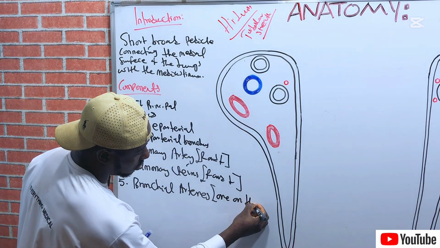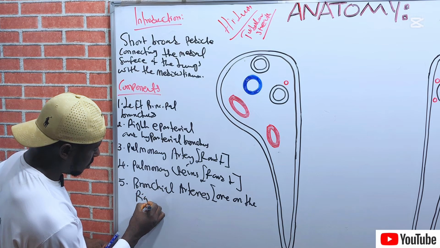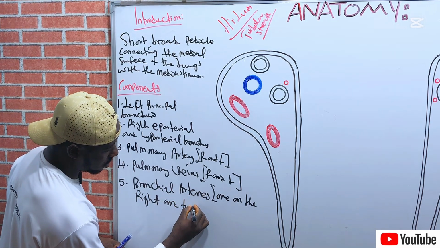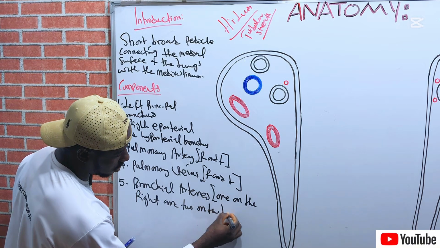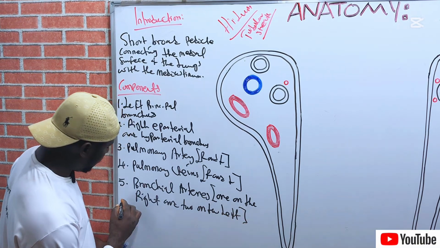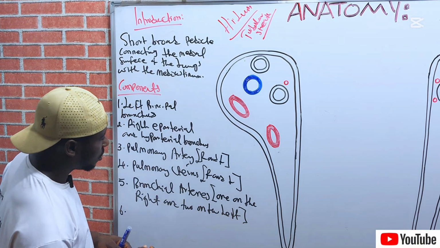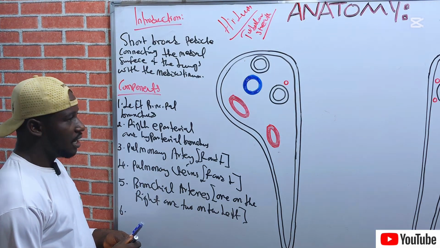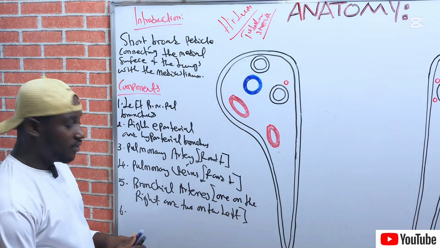One on the right and two on the left. The number six component of the root of the lungs is the lymphatics of the lungs.